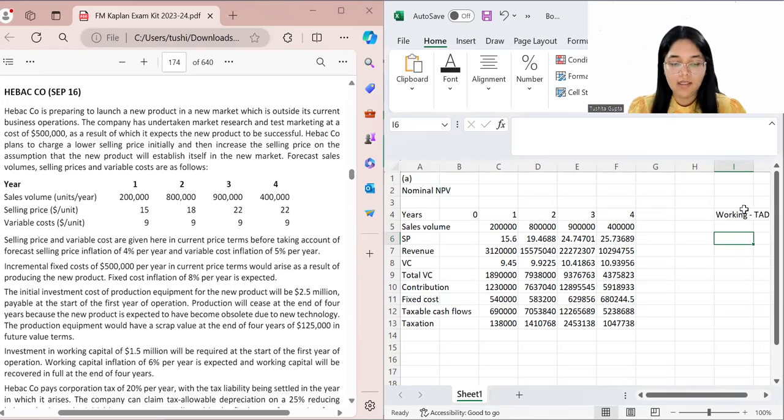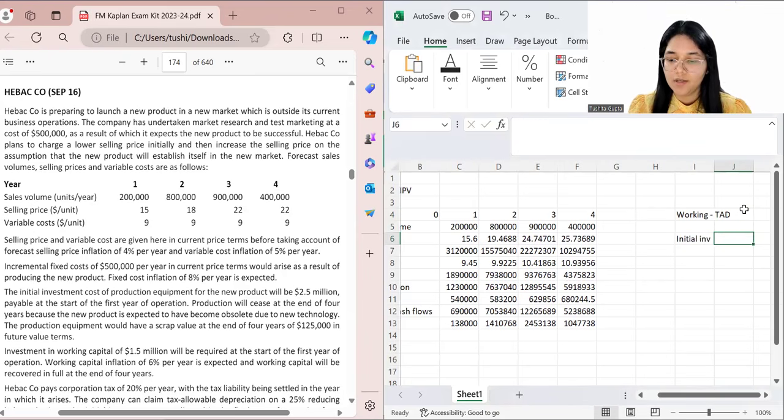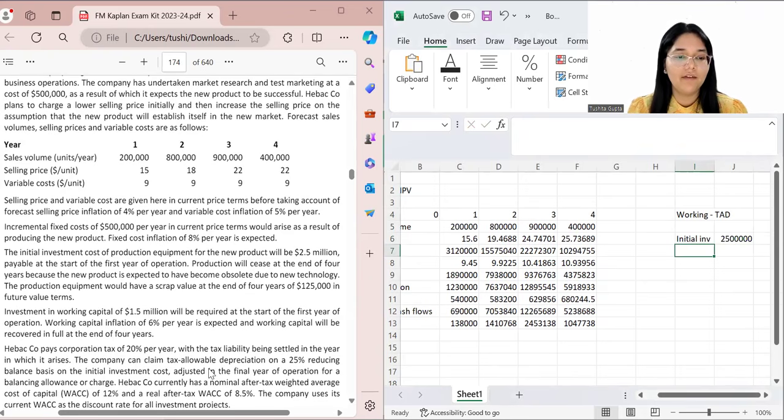So first of all, let me look at my initial investment. So my initial investment over here is $2.5 million. This is my initial investment. Now, on this, I have a tax allowable depreciation of 25% on a reducing balance basis.